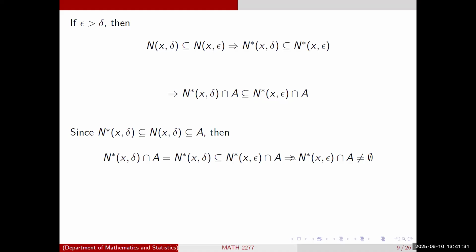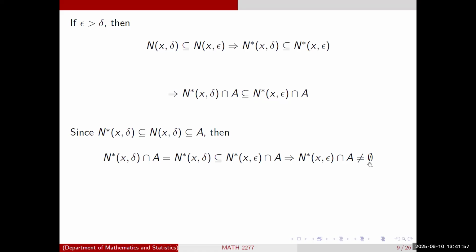Same idea here. This is the set. So this set here contains inside of it this deleted neighborhood. Remember, our deleted neighborhood is just the union of two open intervals. So the deleted neighborhood contains inside of it essentially an interval, right? So this deleted neighborhood intersection A cannot be empty.